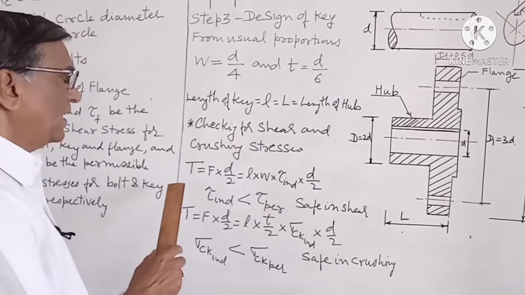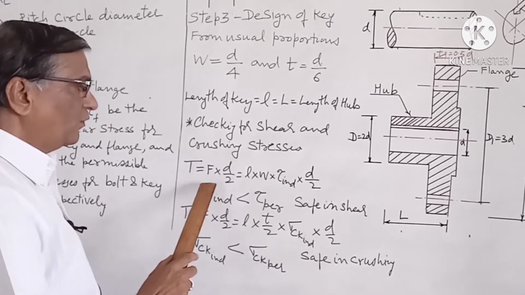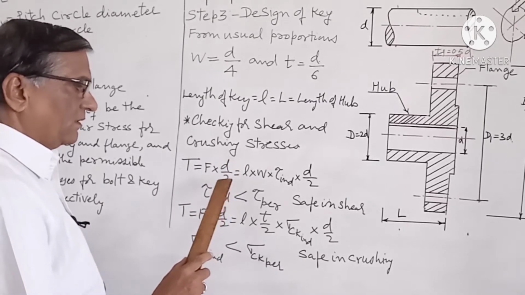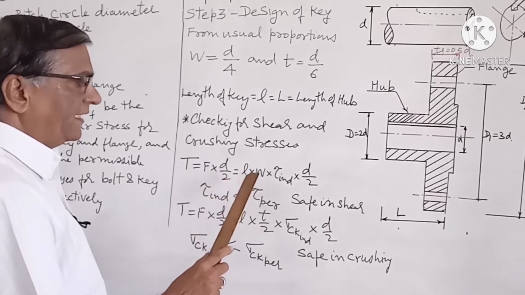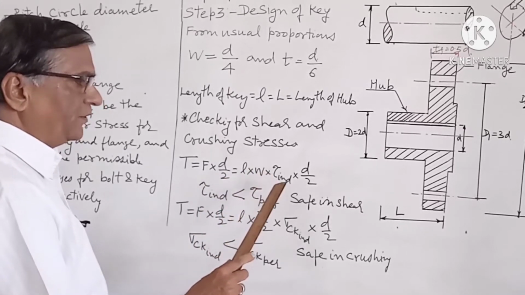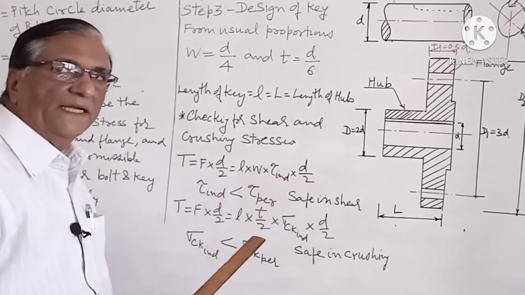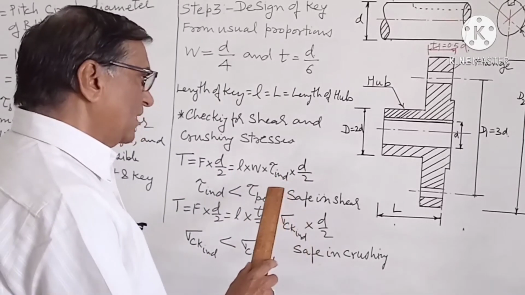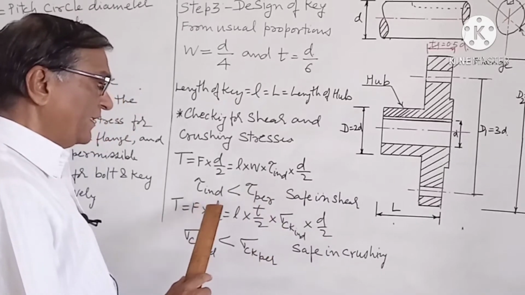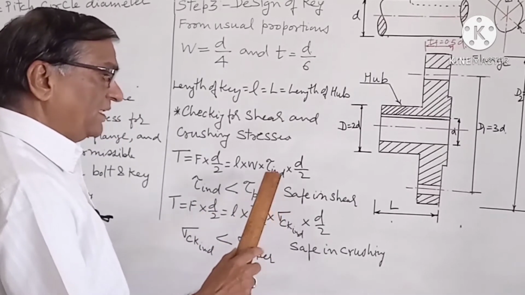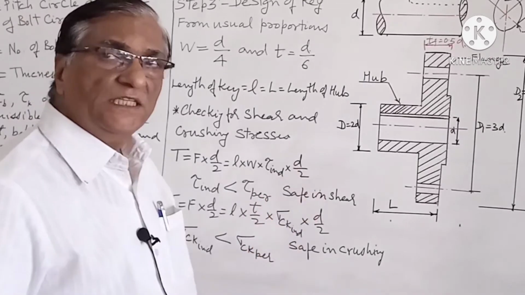From the formula, torque is equal to tangential force into radius, that is d by 2, that is equal to L into w into tau induced into d by 2. From this equation we will calculate the tau induced, and the value of tau induced is less than tau permissible. In that case the key is safe in shear.